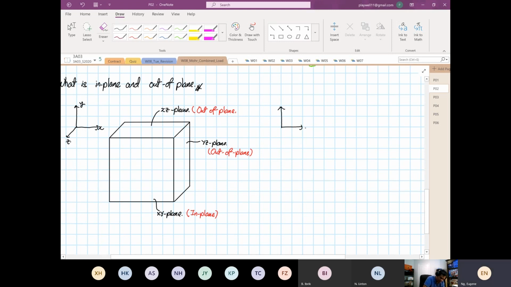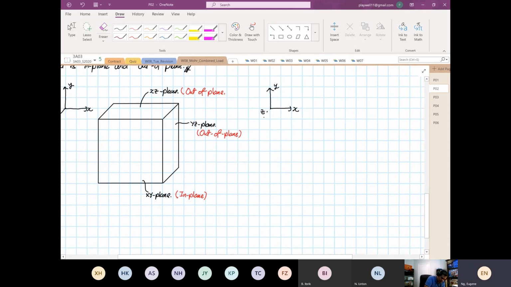So this is X, Y, and Z. Oops, sorry, this is my Z. Now I'm going to draw the element this way. So now our element is oriented in this way.